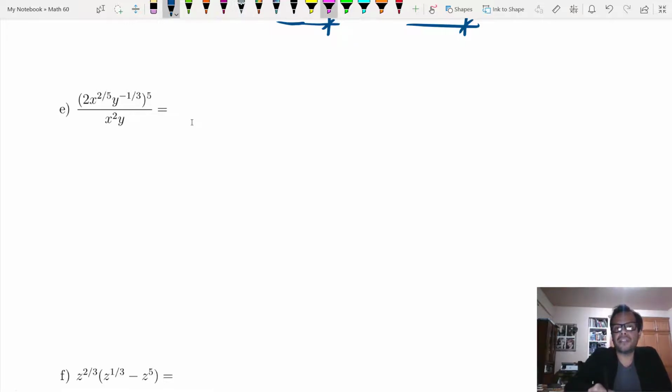The thing that really stands out to me is the following: these five, the fifth power that affects the 2, affects the x to the 2/5, and affects the y to the negative 1/3.